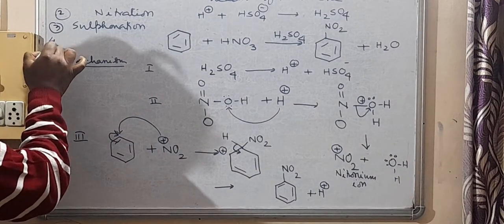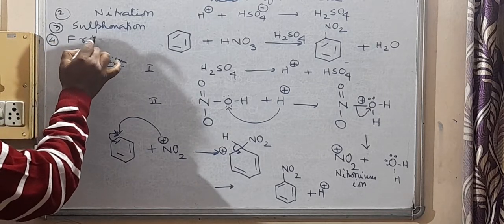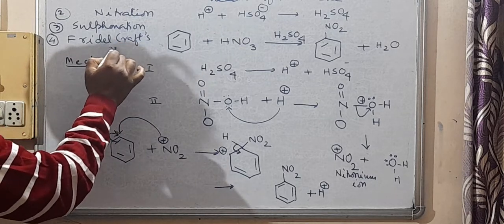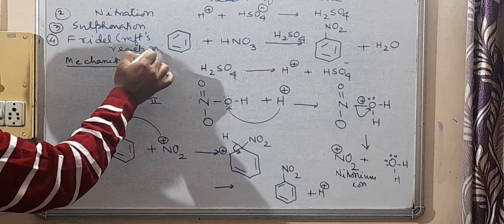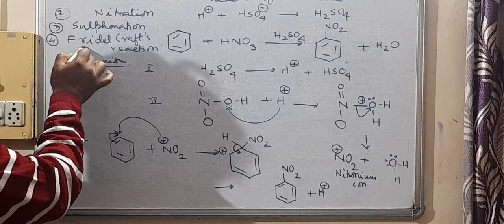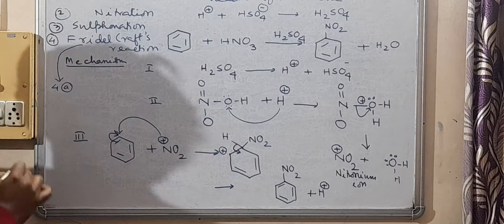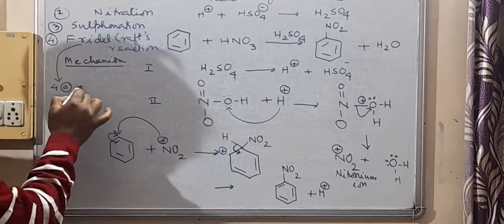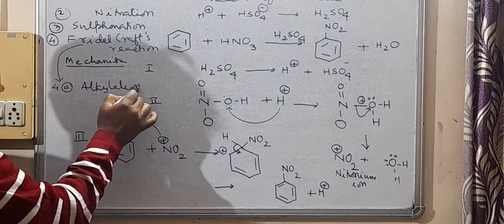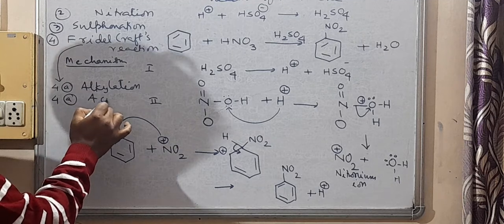Then another type of reaction that will be there is the Friedel-Crafts reaction, and it will be of two types. One is called Friedel-Crafts alkylation. Another that you will get is Friedel-Crafts acylation.